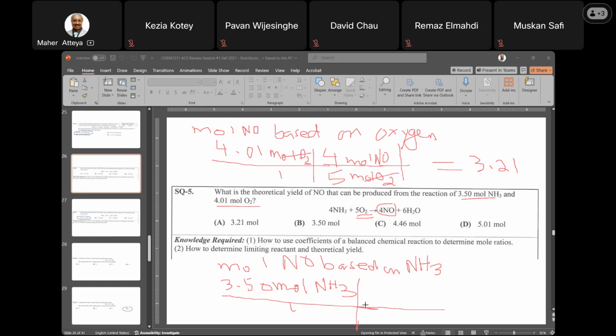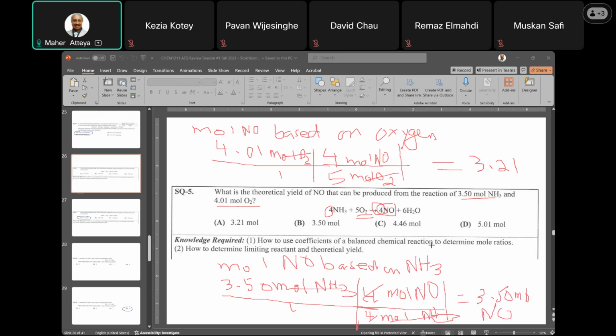I have 4 moles of ammonia, and this is 4 moles of NO. Mole NO, ammonia with mole ammonia cancels out. 4 cancels out. I have 3.50 moles of what? Of NO.